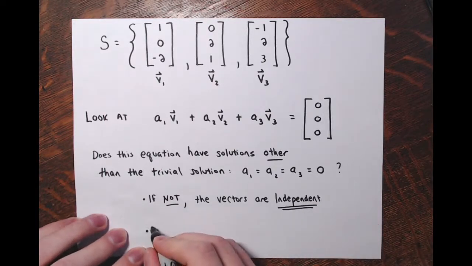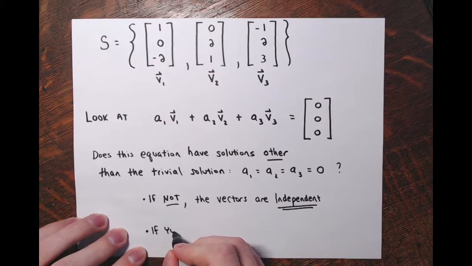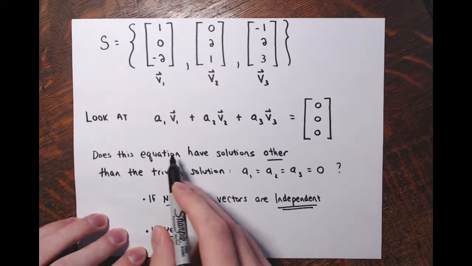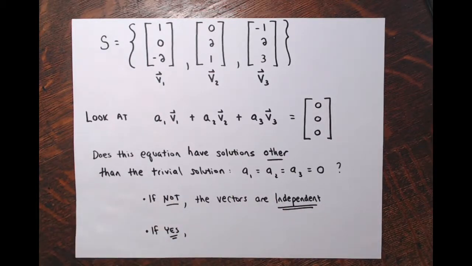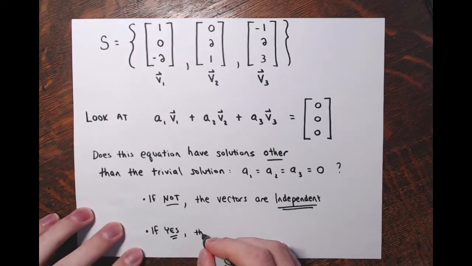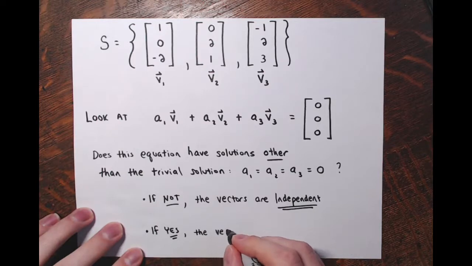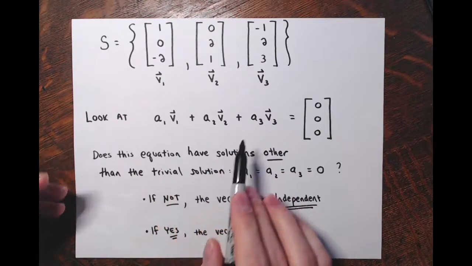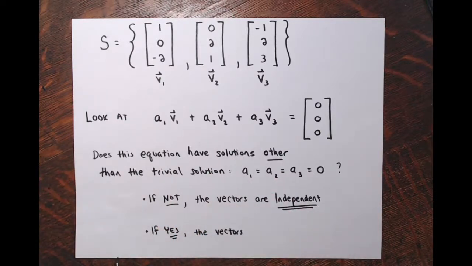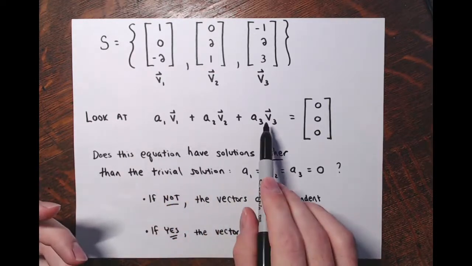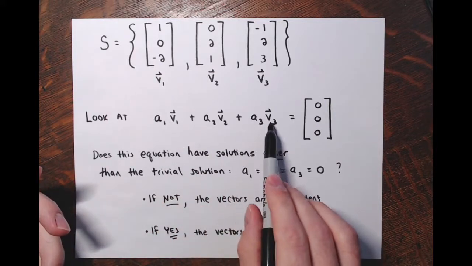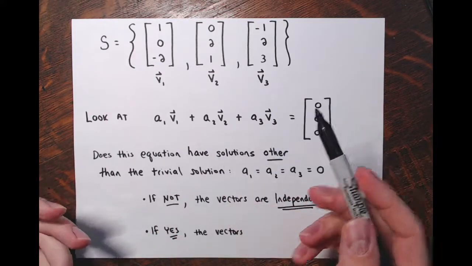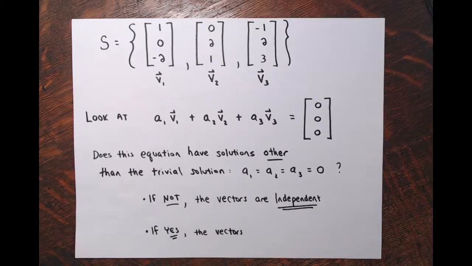If the answer to this question is yes, if there are other solutions besides the trivial solution, then the vectors are dependent. And I'll show you that if there are other solutions besides the trivial solution, then you can show that at least one of these vectors can be expressed as a linear combination of the other two, or at least one of the other vectors, right?